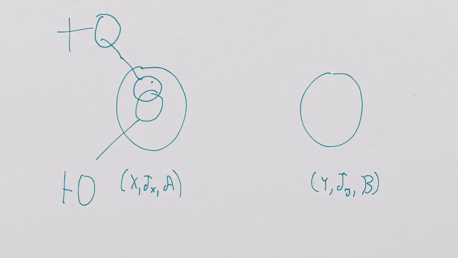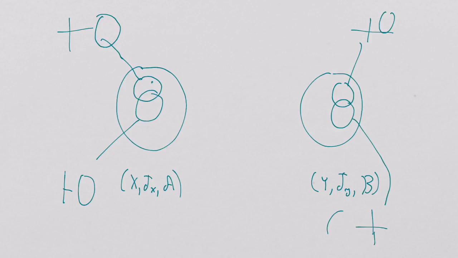I have chart regions, chart maps, regions in Euclidean space. And the same is true over here. I have chart regions, chart maps, and those regions map into Euclidean space. All of the stuff we talked about exists for this, and they're smooth differentiable manifolds.